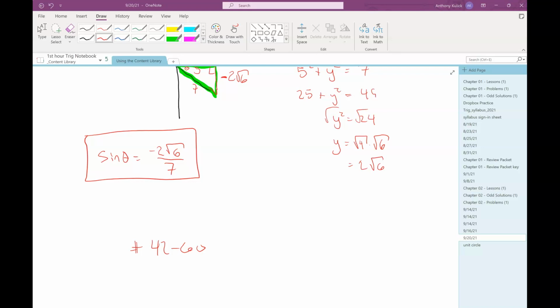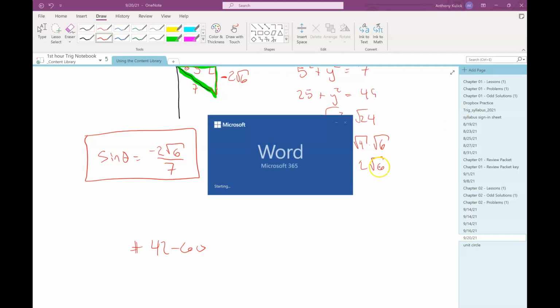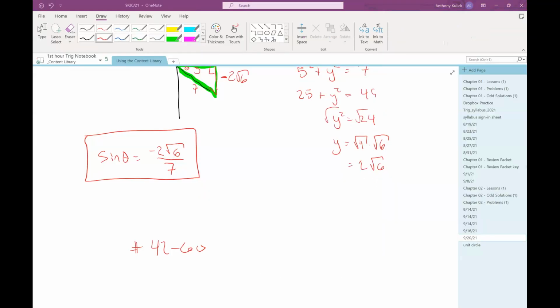And I'd also have a worksheet to practice this unit, section 4 content, that I'm going to drop in also.